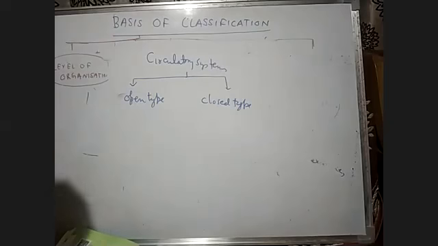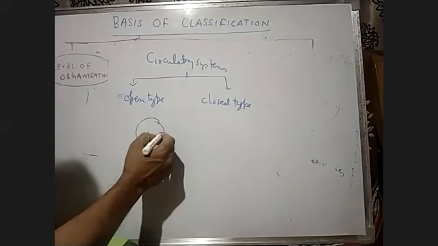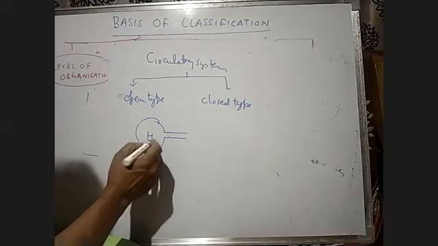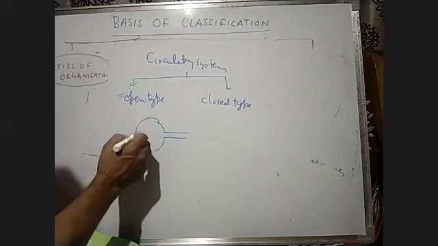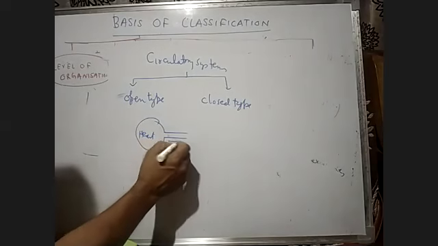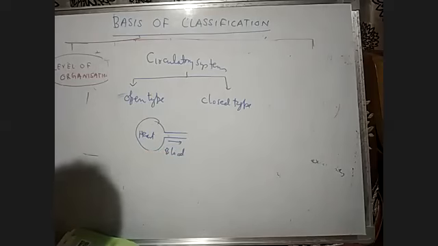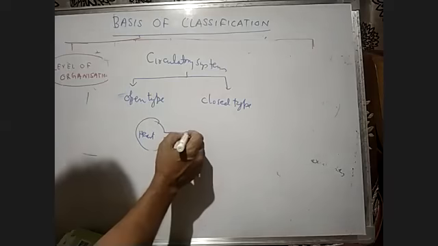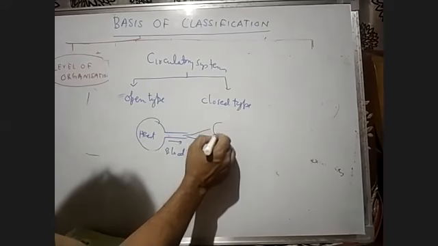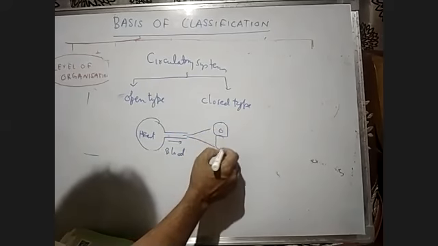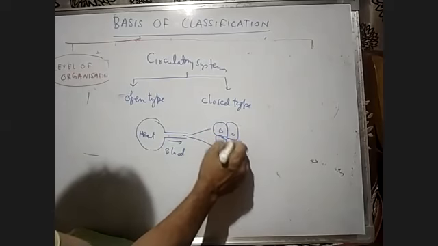Open type: suppose this is the heart. The blood is pumped out of the heart, and this will directly flow over the cells and the tissues.